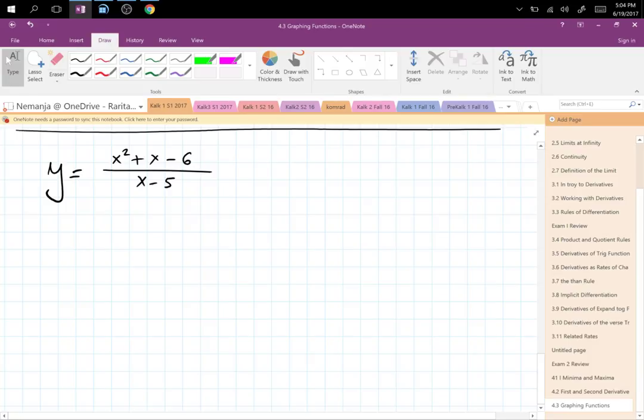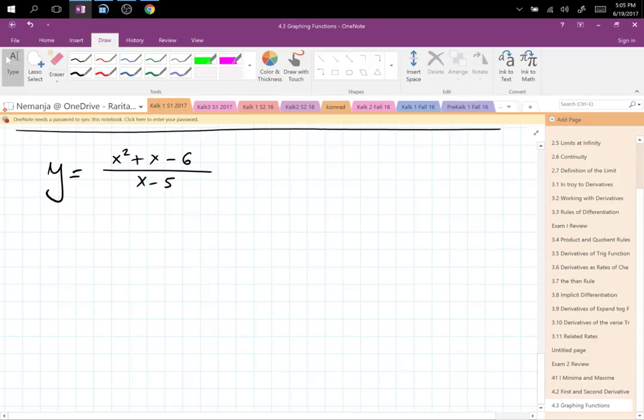So let's see. The first order of business here is to check domain. We know that domain is the set of all values that are allowed to be plugged into this, right? So what is, in this case, the only value that doesn't work? 5.